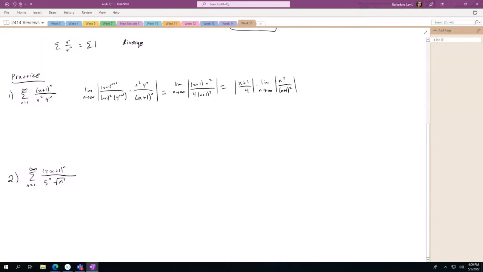We can solve this limit in many ways. You could apply L'Hopital's, or you could say the degrees are balanced, so I'm just going to look at the coefficients from top and bottom, which is basically dividing everything by n squared. Regardless, the limit comes out to be 1, so we have 1 times x plus 1 over 4, which gives x plus 1 over 4. We know this should be smaller than 1, so x plus 1 needs to be smaller than 4, so our radius is 4.